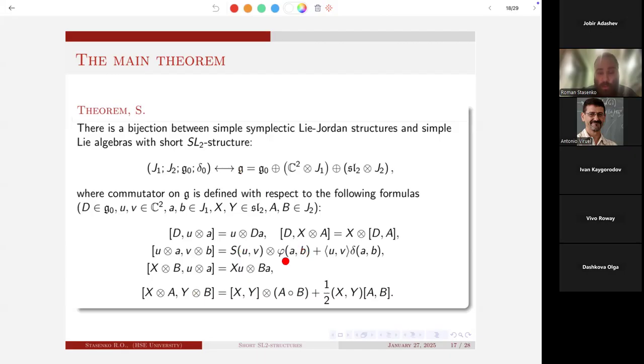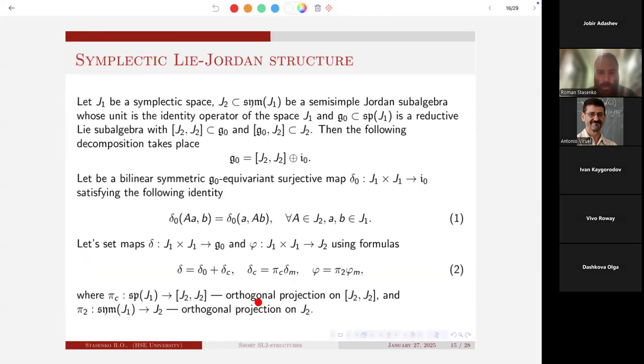So phi and delta are introduced as the formulas given above.